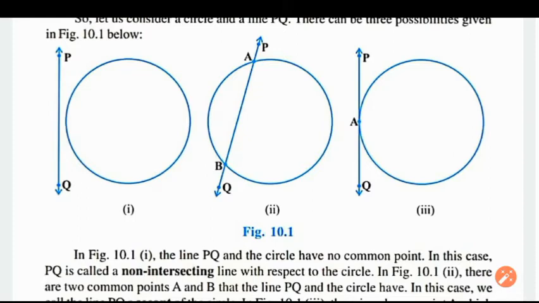When there is no common point between the line and the circle, we call that line a non-intersecting line. But if there is only one common point between the line and the circle, the line is called tangent to the circle.